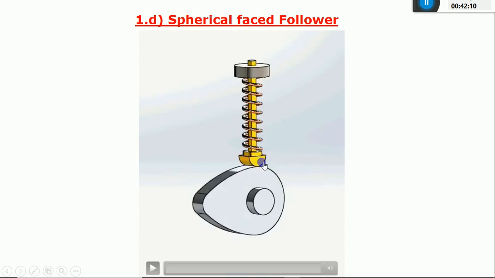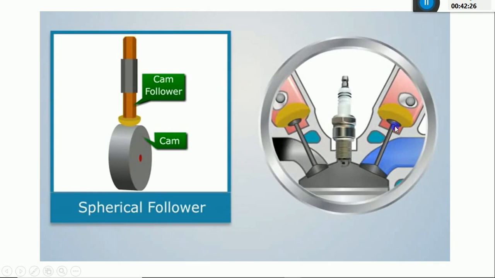The shape of the follower is a hemisphere, so I can call it the spherical face follower. To minimize the stresses induced in the case of a flat face follower, I am going to use the spherical face follower. Again, you can see the application of this spherical face follower in automobile engines.